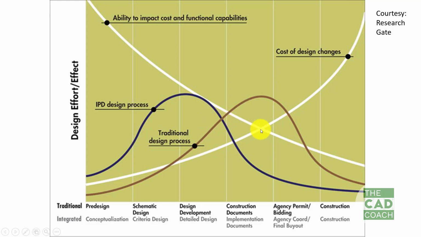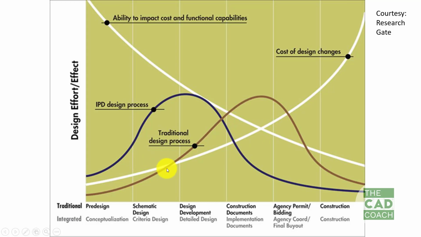After the construction documentation phase, the cost of design change is high and the ability to impact cost is low. This is obvious. During construction documentation, if there is a change, the project can take it up. After that phase, the cost impact is high and the ability to impact cost is low. That is what these two graphs are saying.